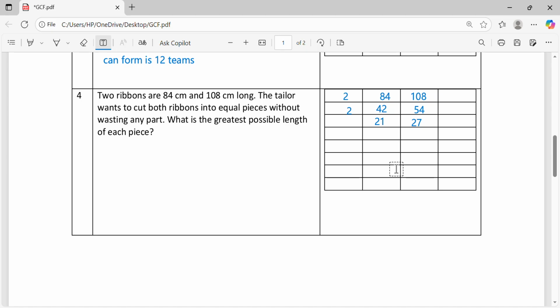So now we have to switch to 3. When we press 3 here, 21 divided by 3, we shall get 7. Well, 27 divided by 3, we shall get 9. There is no number left that can divide 7 and 9 at a go, so it means we are done.